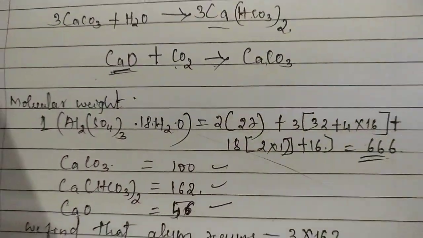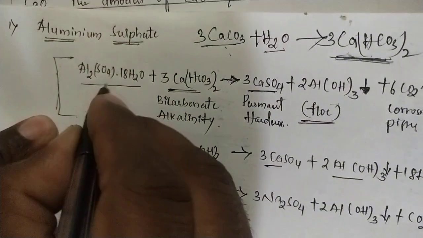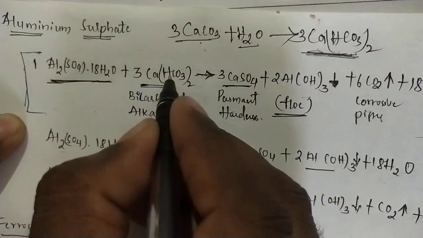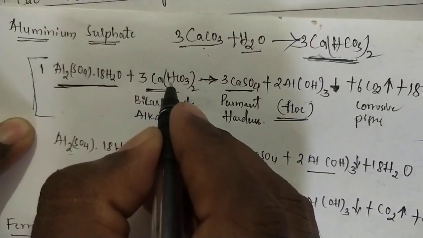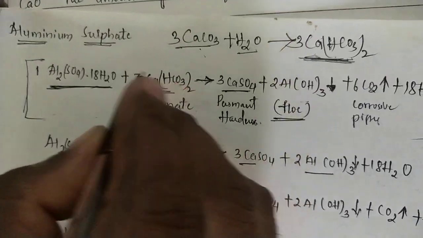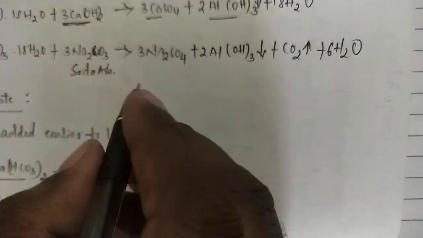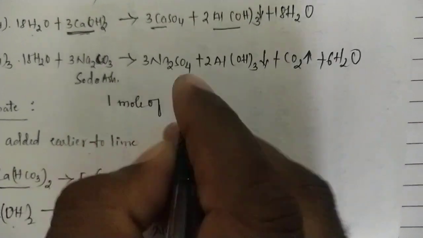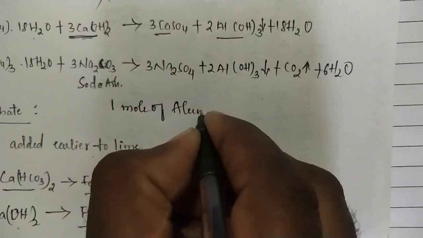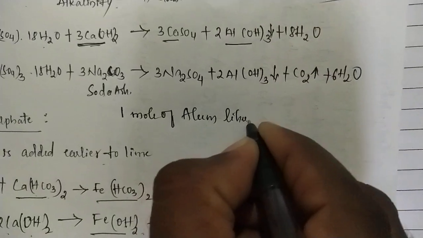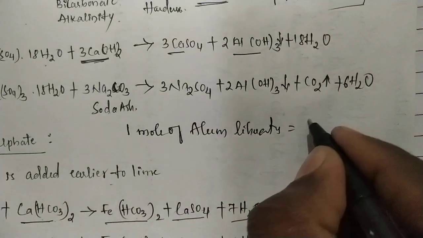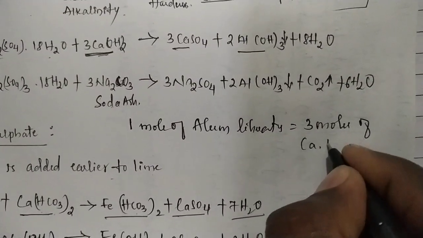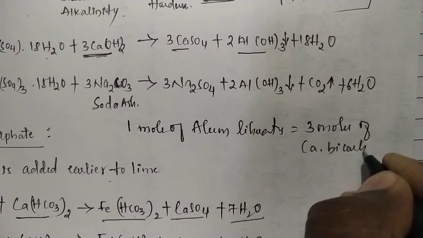Just follow this equation. See here, this is 1 mole, and this 1 mole will react with 3 moles of calcium bicarbonate, right? So what does this mean? That is 1 mole of alum liberates 3 moles of calcium bicarbonate.